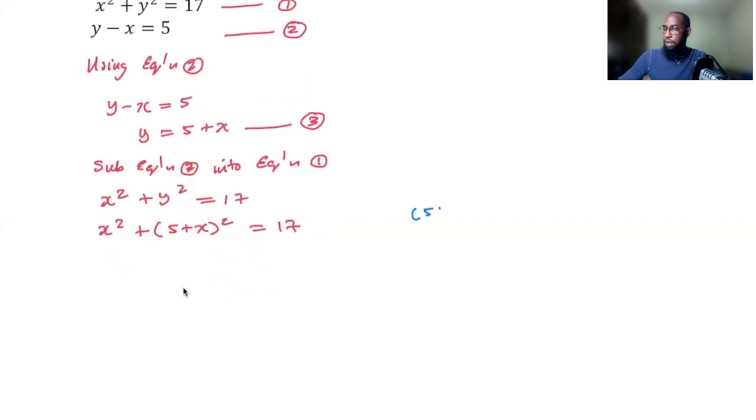So we have 5 plus x squared. Check out that video. I wouldn't be going into too much detail with this. Check out expansion of brackets to get an in-depth understanding as to how to expand brackets.